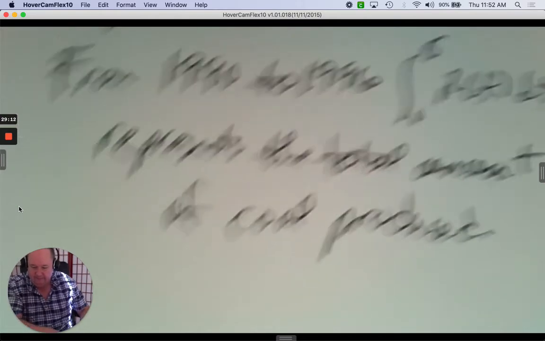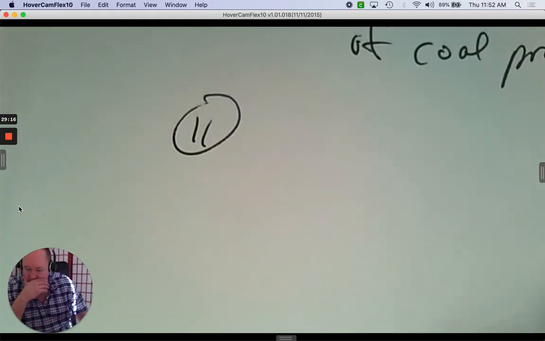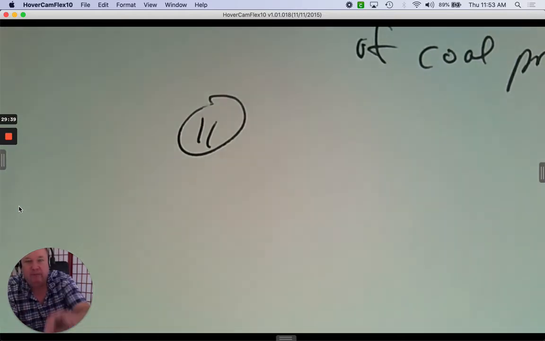Number 11, approximate the value of the integral from number 9 using the table at the right. And then where R values are to the nearest thousands of tons per year. And it says do a midpoint Riemann sum.